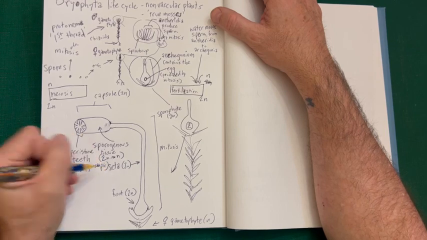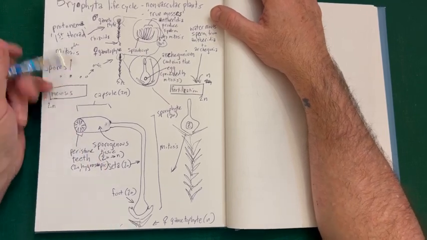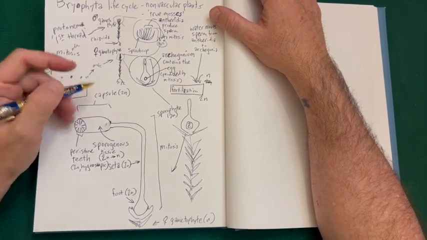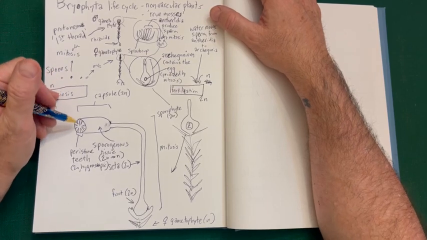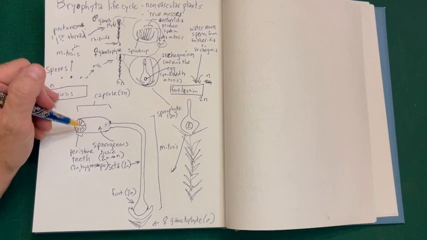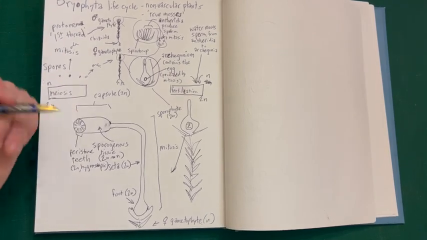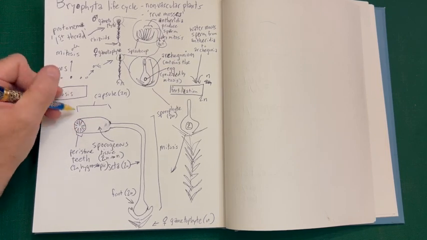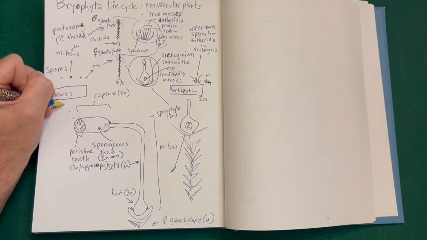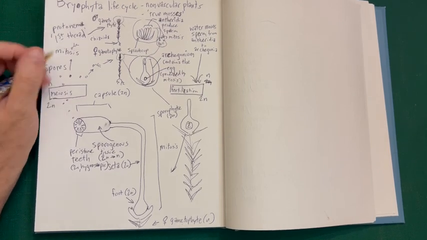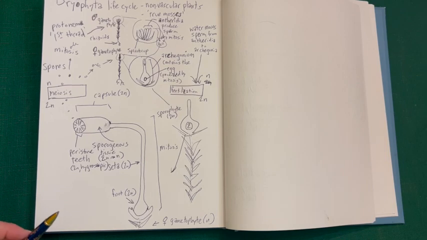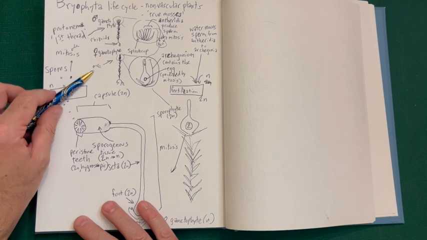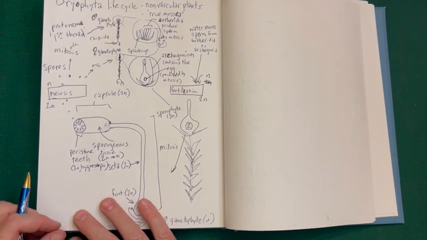Hygroscopic is a word that means it changes shape or form in response to changes in moisture or humidity. So the significance of being hygroscopic is when the air is very moist or very humid, these peristome teeth will start moving to kind of waft the spores out of the capsule so that they can go and find a nice place, hopefully where there's some water around, so they can grow by mitosis into protonemata and then into new gametophytes.